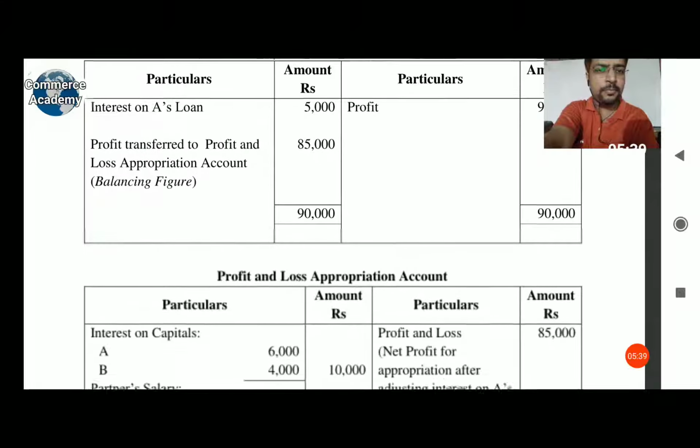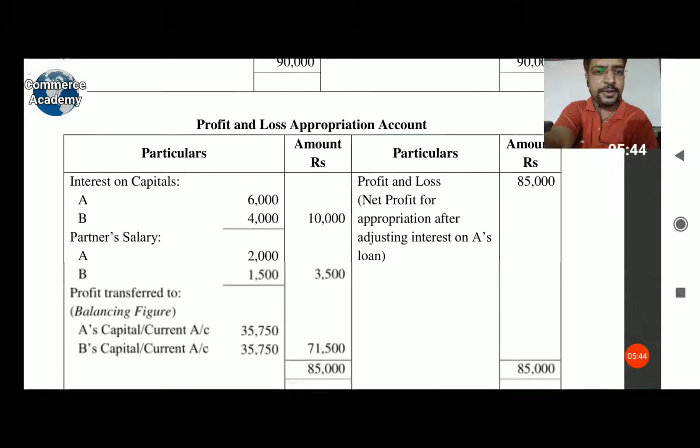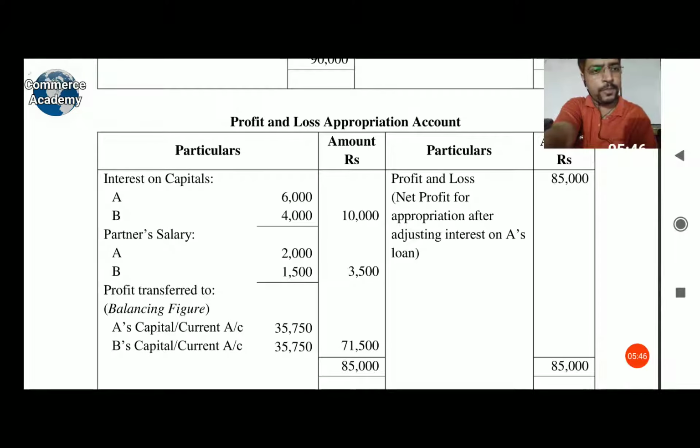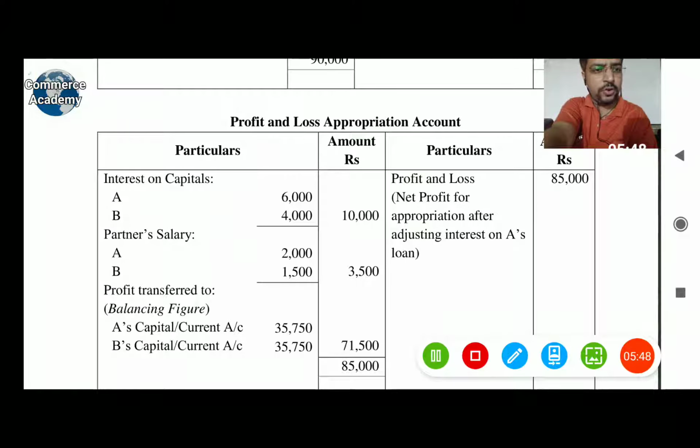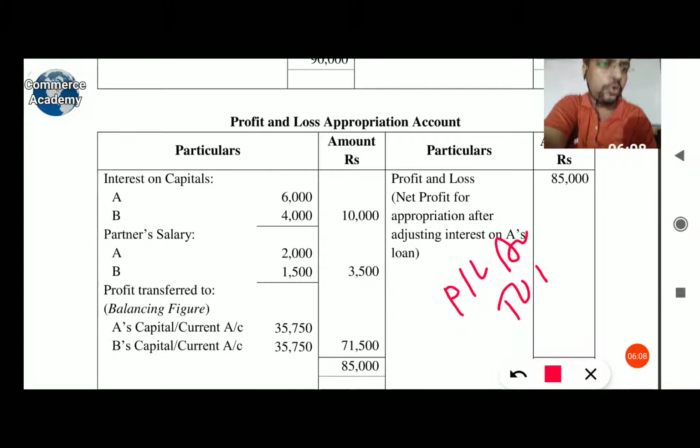And next we prepare the profit and loss appropriation account. What is the treatment we do? First of all, we take the interest on capital, which is mentioned in the question. Interest on capital is 6,000 and 4,000 for A and B. The general entry for interest on capital is profit and loss appropriation account Dr to interest on capital account.